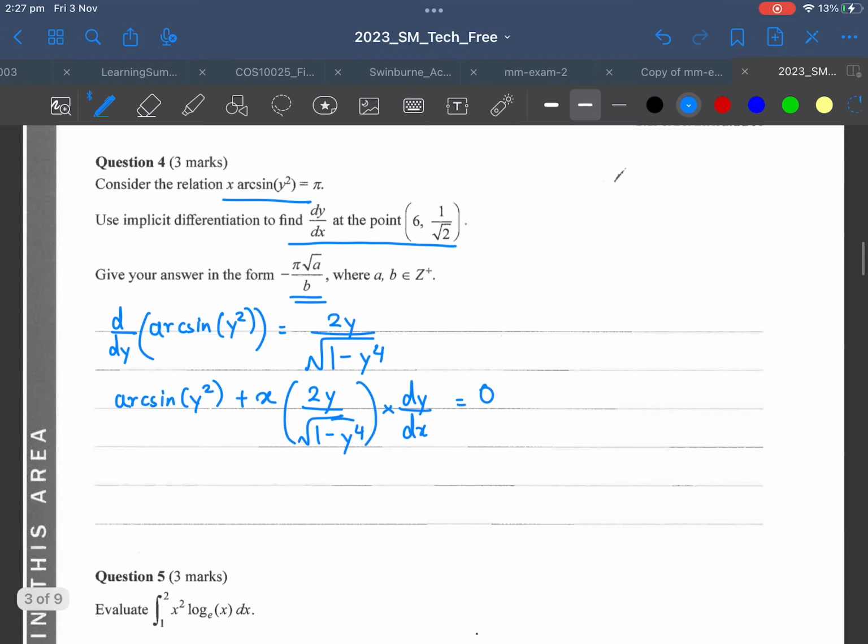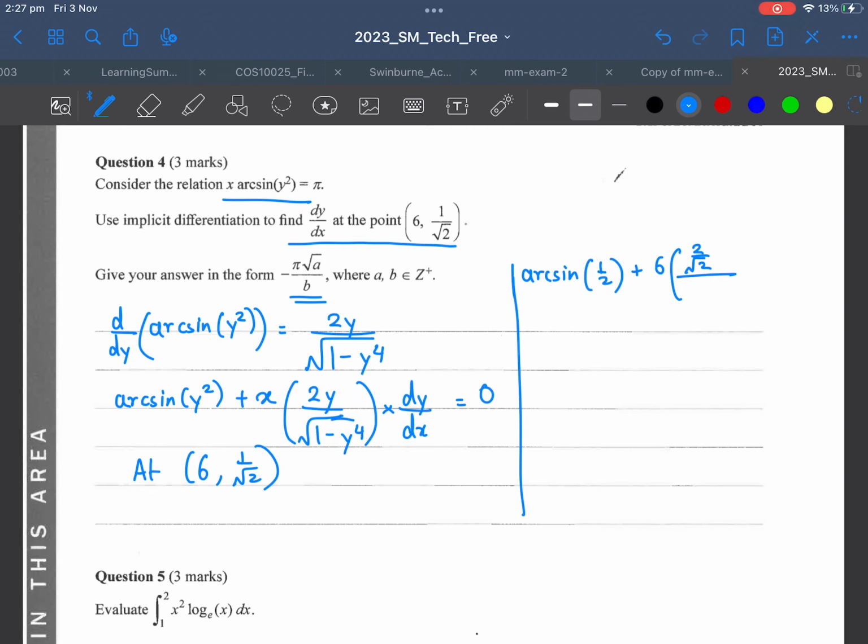And now I'm just going to substitute in the coordinates in case I make any algebraic mistake later on while I make dy/dx the subject. So we will get arc sine of a half, plus 6 times 2 times y, which is going to be 2 on root 2, divided by 1 minus y to the power of 4. So 1 on root 2 to the power of 4 will be 1 on 4, so that would be 3 root 3 on root 3 on 4.